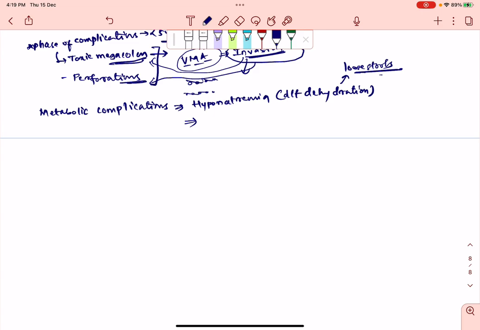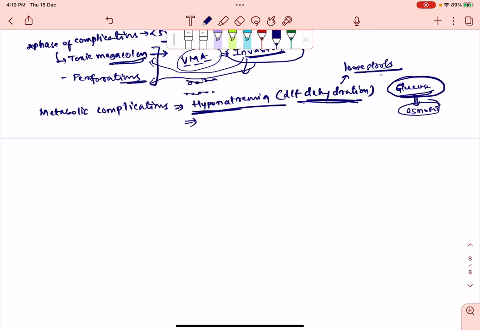When there is hyponatremia, what about glucose? How are glucose and water related? Glucose is also responsible for osmosis, sometimes, not every time. Most of the times, 99% of the times, it is associated with hyponatremia and dehydration.